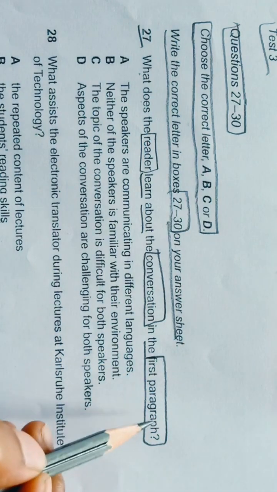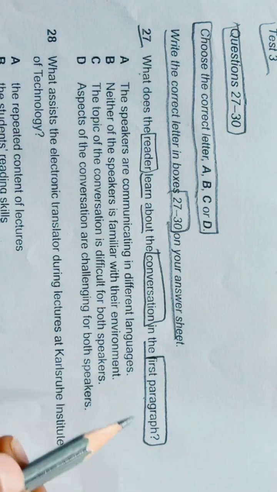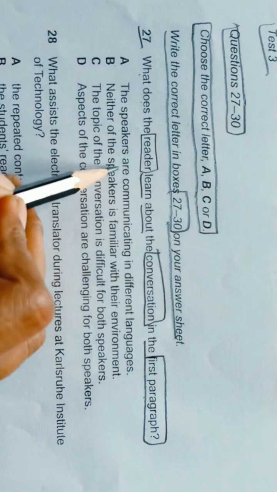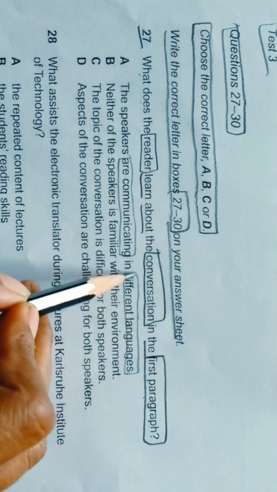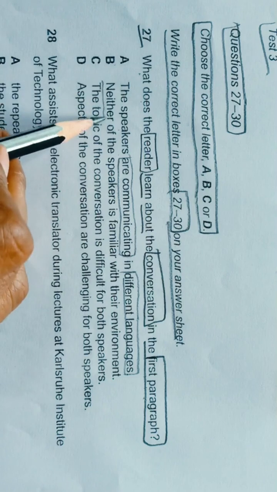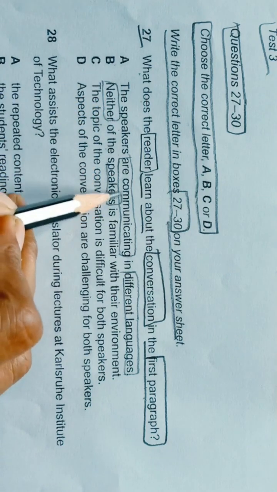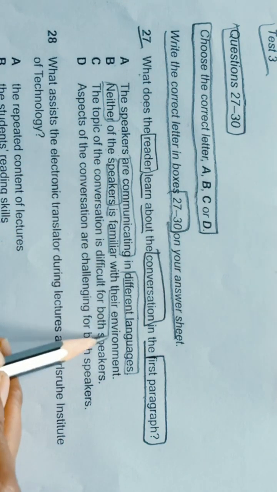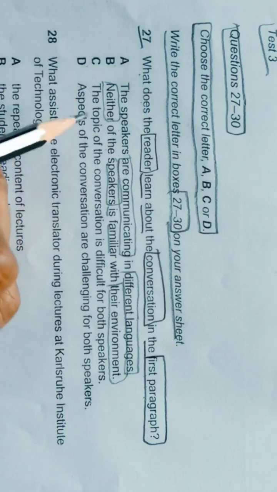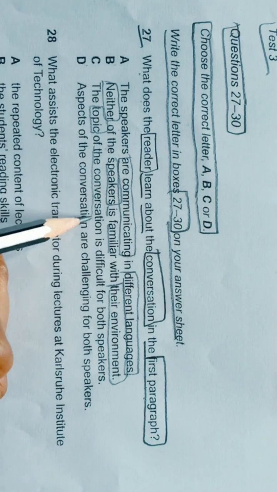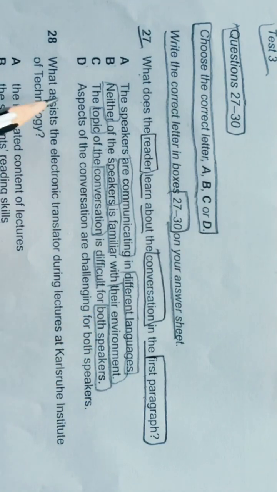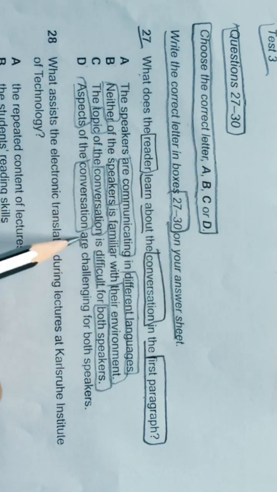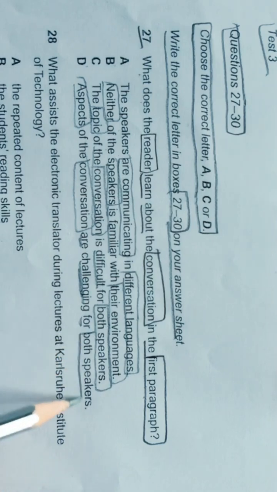So here they are directly asking from the first paragraph. A. The speakers are communicating in different languages. B. Neither of the speakers is familiar with their environment. C. The topic of the conversation is difficult for both speakers. D. Aspects of the conversation are challenging for both speakers.